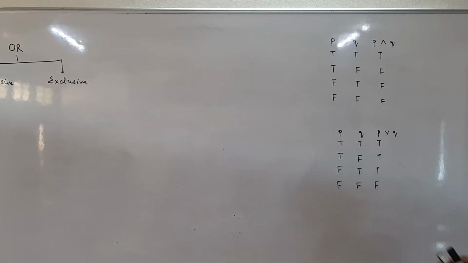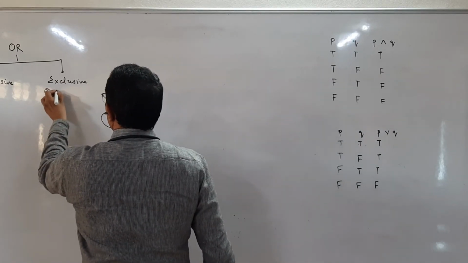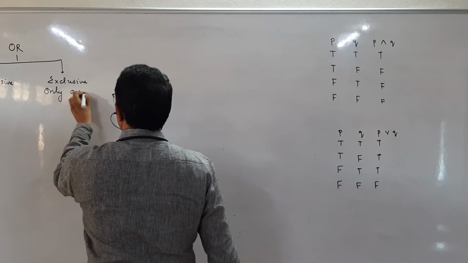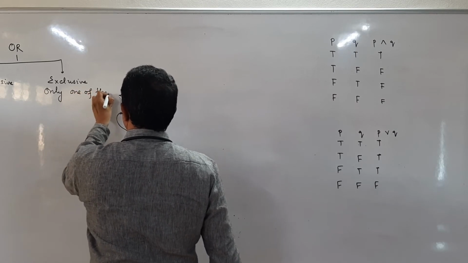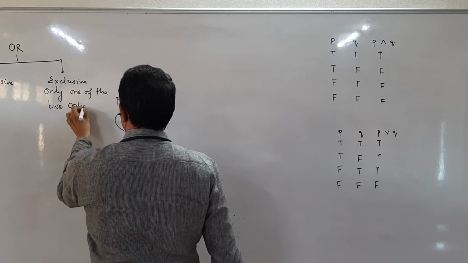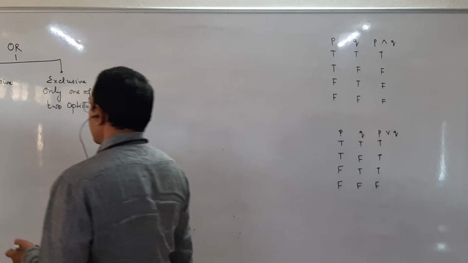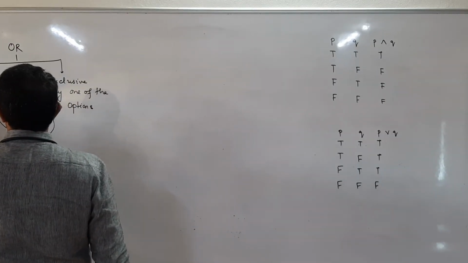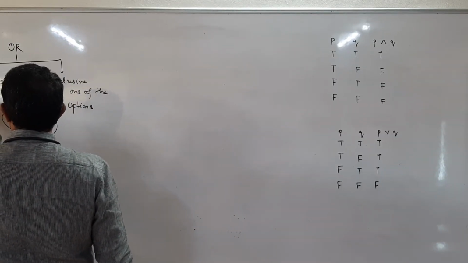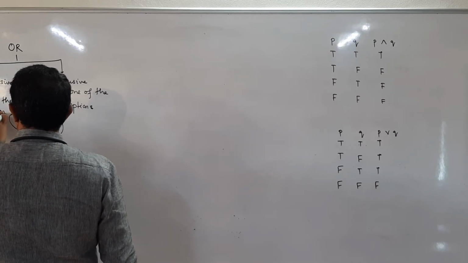When only one of the two options is possible, then, students, it is exclusive. And when both the options are possible, then, students, it is inclusive.